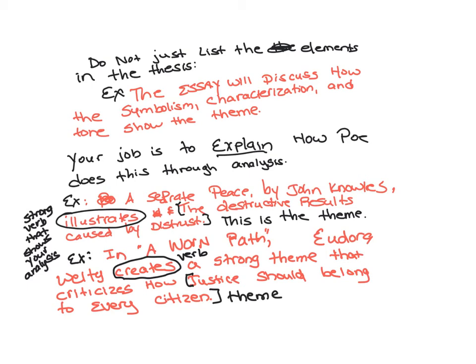So the theme is in the last part of your thesis statement. And what does she do? She creates. So you have a strong verb. At the beginning of the year, I gave you a handout that had transition words on it, and it had about 200 really strong verbs that you can use. That's why I told you not to throw it away, that you would need it.